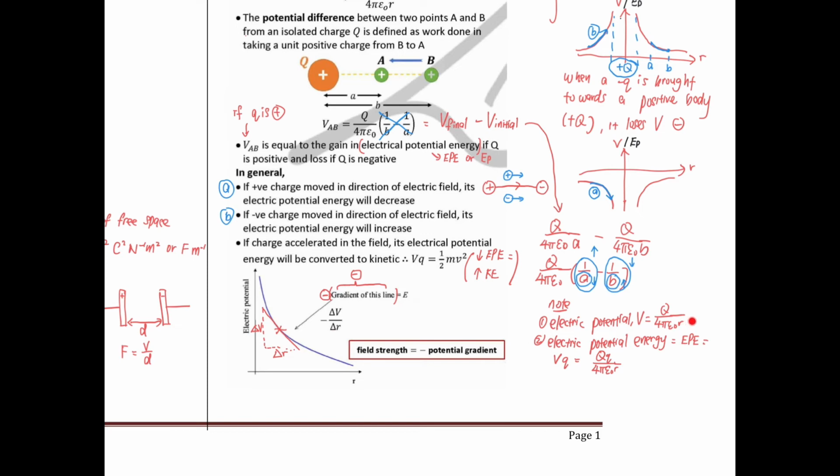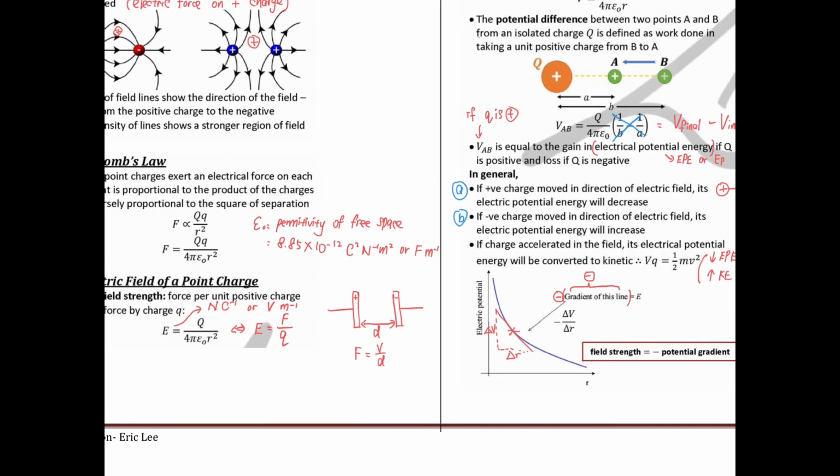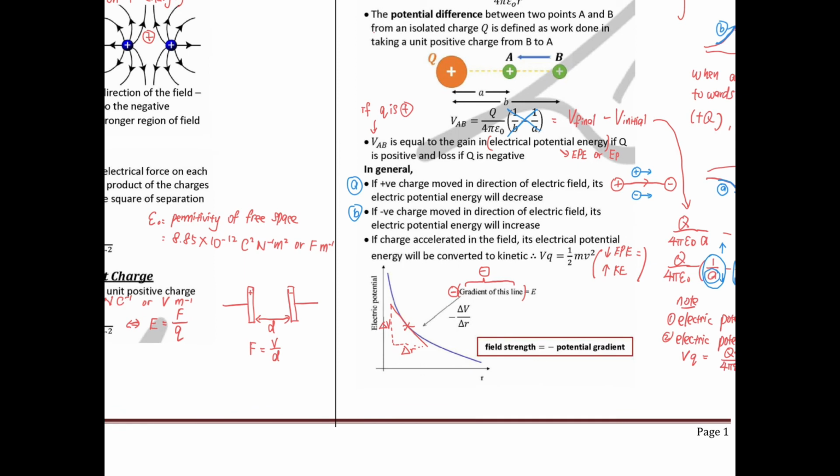Dividing by R again, you get R squared. So it ends up with R squared, which is the electric field strength. So if you have this graph, you go and find the gradient. The gradient is negative, so you put another negative there to make it positive. Then that value is the electric field strength. So it is a relationship between the previous one and this one.